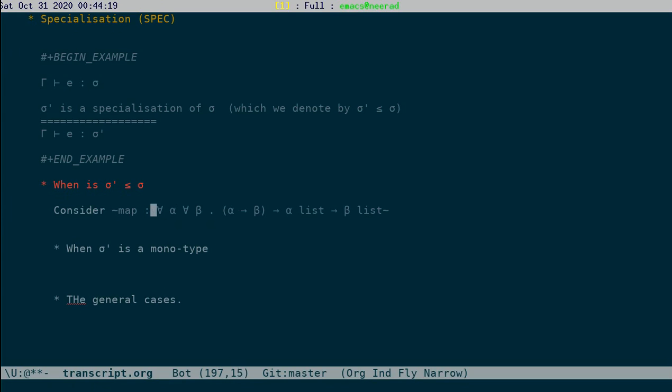We know what the map function's type is. This is a polymorphic type, a polymorphic map function.